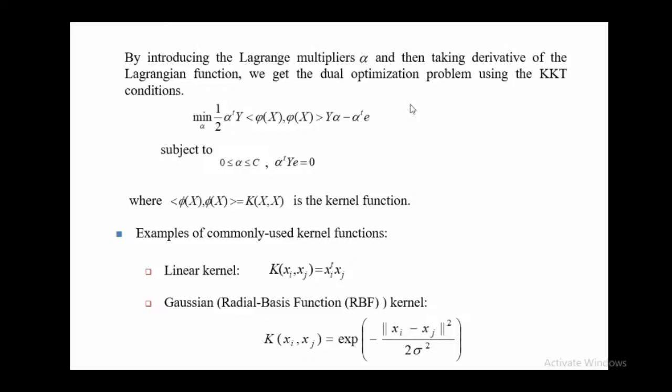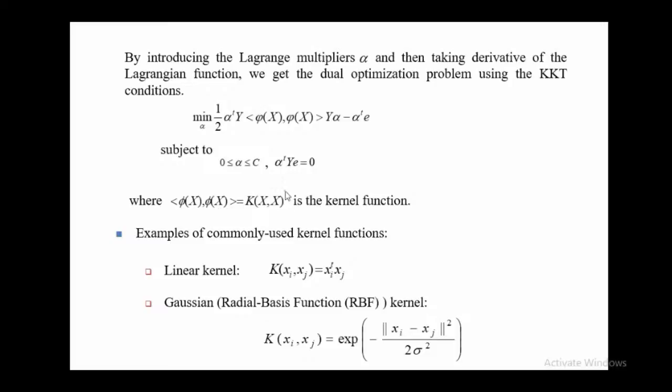As I told you, we don't know phi(x), but we can convert phi(x) transpose phi(x) and write it in this particular manner, where k is your kernel function. So we are applying the kernel trick.